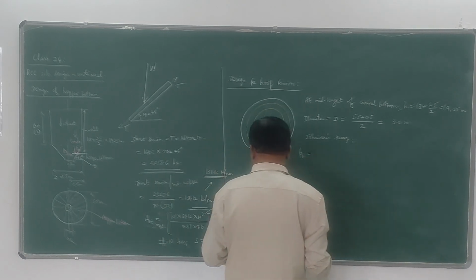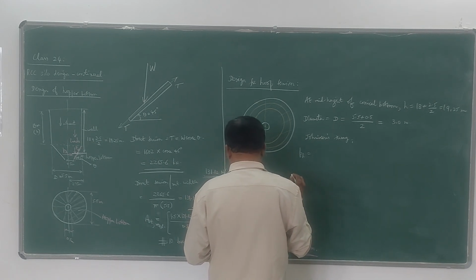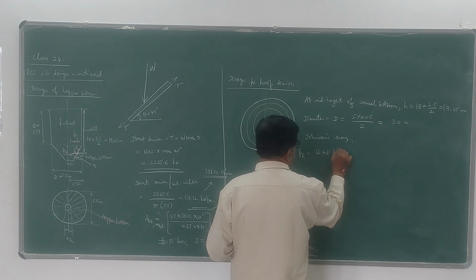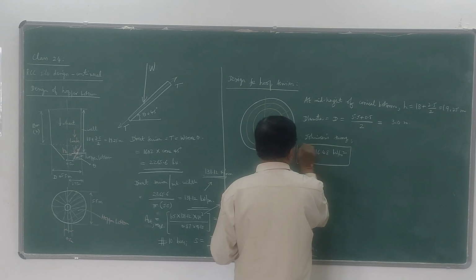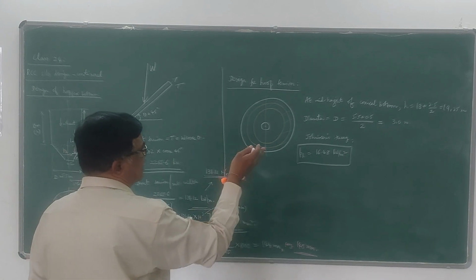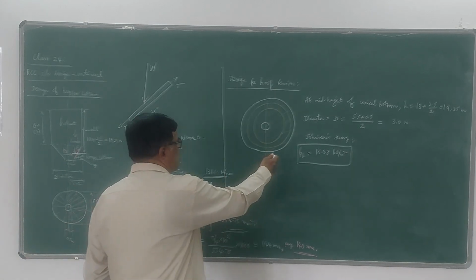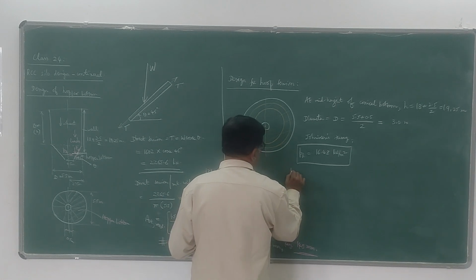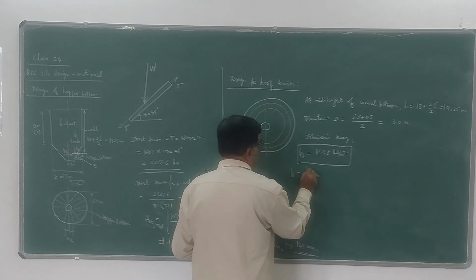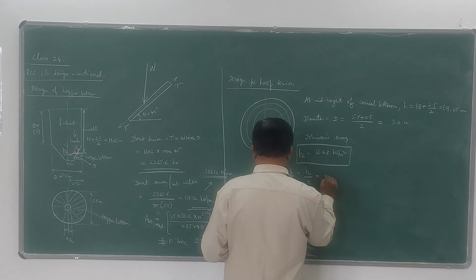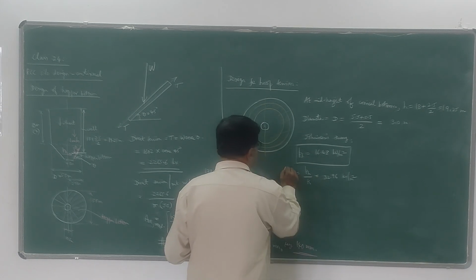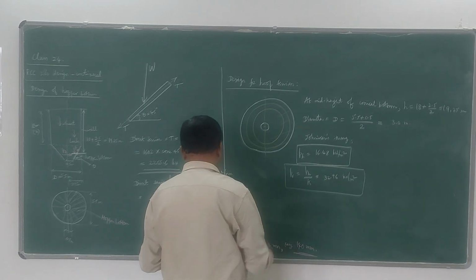If you substitute for mu dash, K, H, which is 19.25, and simplify, pH is 16.48 kilonewton per meter square. So PV will be pH divided by K, where K is 0.5, therefore it becomes double, 32.96 kilonewton per meter square. This is the vertical pressure, and that is the horizontal pressure.